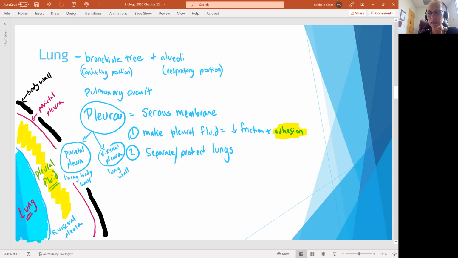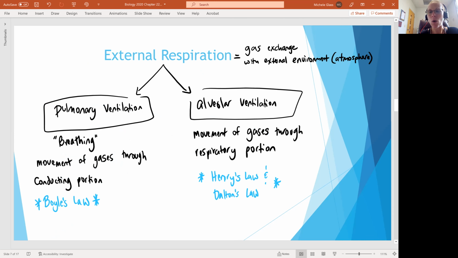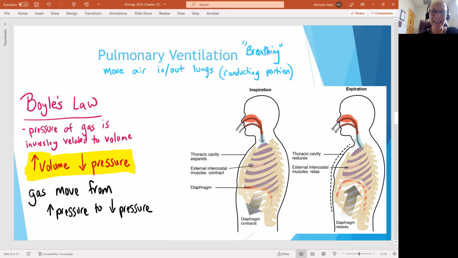And so what we're going to see happening is that we're going to actually change the volume of the whole thoracic cage. This will change the volume of the lung. And based on Boyle's Law, when you change the volume of your lung, you're changing the pressure. And then we're going to see that will cause gas to move in or gas will move out.